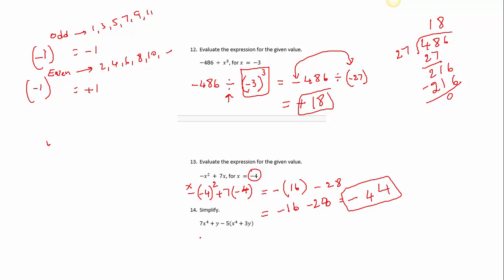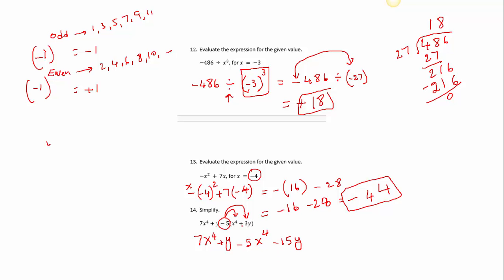Number 14, simplify. 7x^4 plus y minus 5 times (x^4 plus 3y). Now notice that negative 5, I want to distribute to both terms inside the parentheses. Negative 5 times x^4 is negative 5x^4. And negative 5 times plus 3y is negative 15y, right?